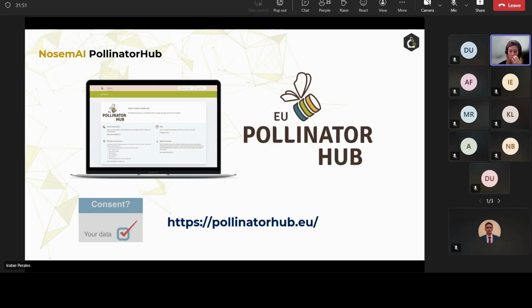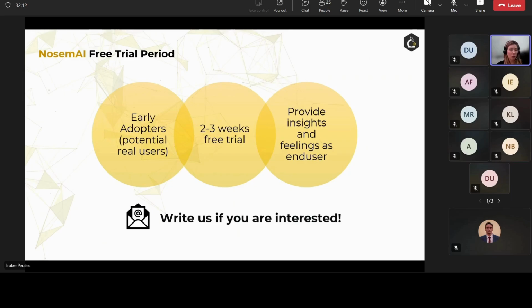We have a meeting next week with them, and we will integrate the information for those users that accept to communicate the results, not their identity, but only the results, like region and results. And now we are offering free trial periods to early adopters, between 2 and 3 weeks, to provide insights and feelings as end users.